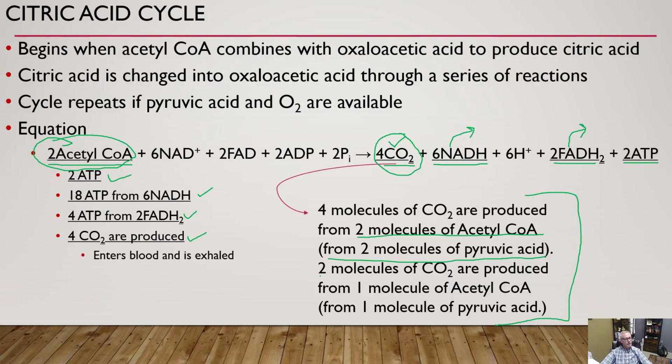I believe the question asks how many molecules of carbon dioxide are produced per molecule of acetyl-CoA or per molecule of pyruvic acid. So you would just divide by 2 and you would have 2 CO2 molecules. Just don't get confused when you see that on the quiz or the exam. So per molecule of acetyl-CoA, 2 CO2s are produced.